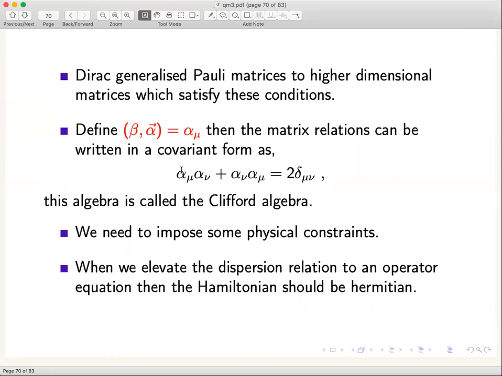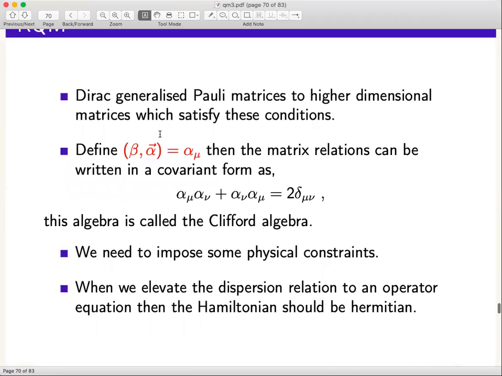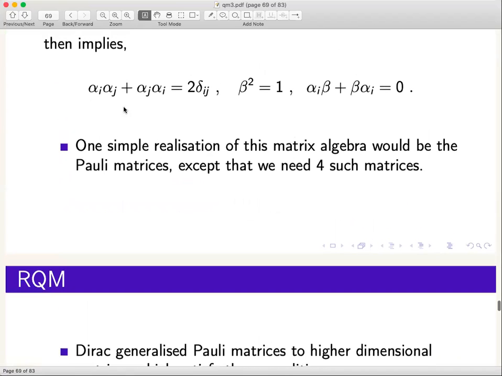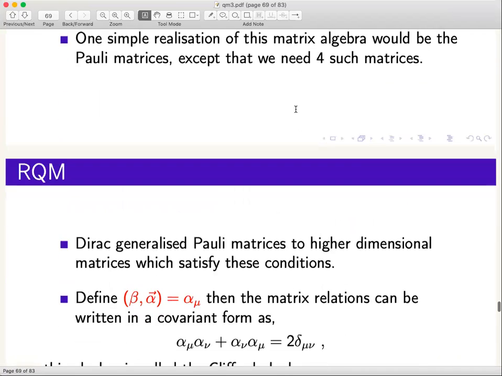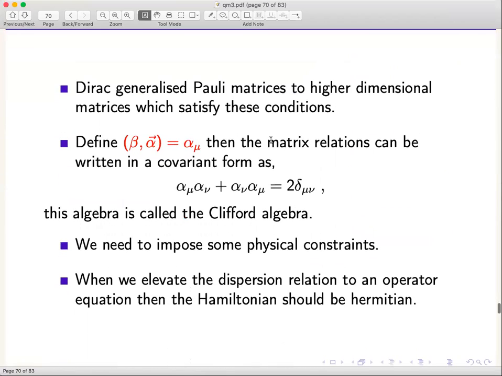We write down a 4-vector alpha^mu, whose zeroth component is beta, and first, second, and third components are alpha_1, alpha_2, alpha_3. If you do that, then these three relations that we have written down can be written in terms of a single covariant equation, which is alpha^mu alpha^nu plus alpha^nu alpha^mu equals 2 delta^mu nu.